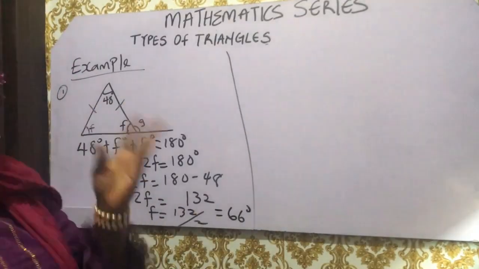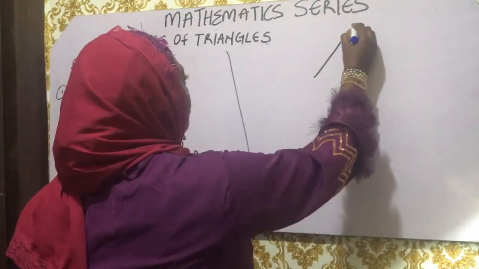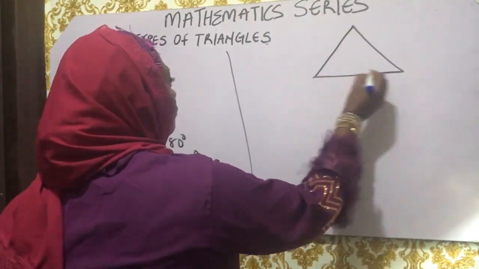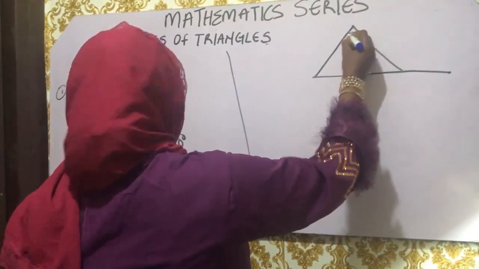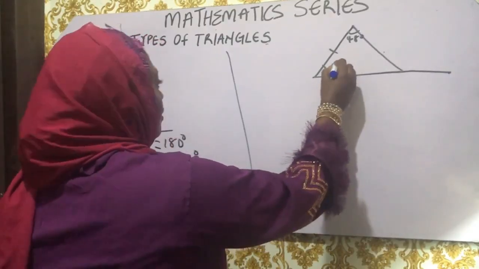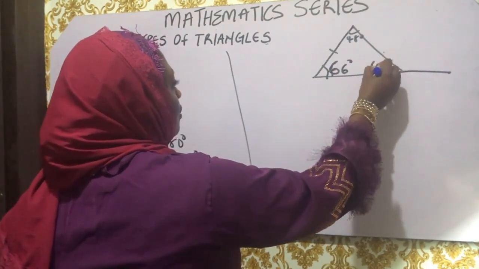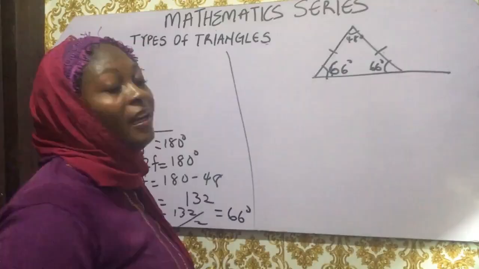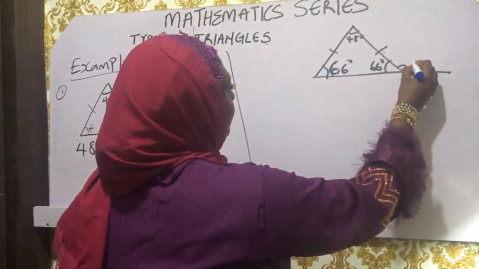So I can just reconstruct the triangle. Reconstructing the triangle, we have 48 degrees. We have angle F. Angle F is 66 degrees, so I'm going to write 66. And here is also 66 because it is an isosceles triangle. And then we have angle G, which is unknown.